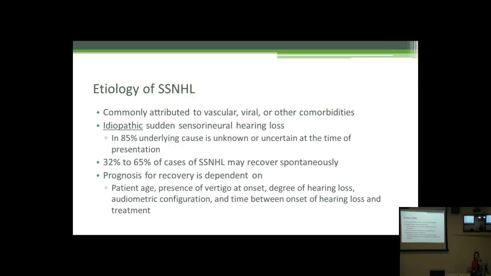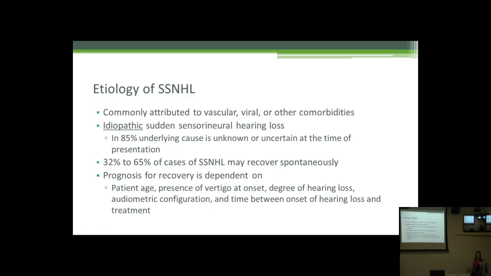Most common causes for sudden sensorineural hearing loss are attributed to vascular, viral, or other chronic comorbidities. Idiopathic sudden hearing loss is considered an unknown, uncertain cause of hearing loss. You can't figure out anything else no matter what you're trying to do with your history and your screening. So idiopathic is anything that doesn't fall in the category of any of these known factors.